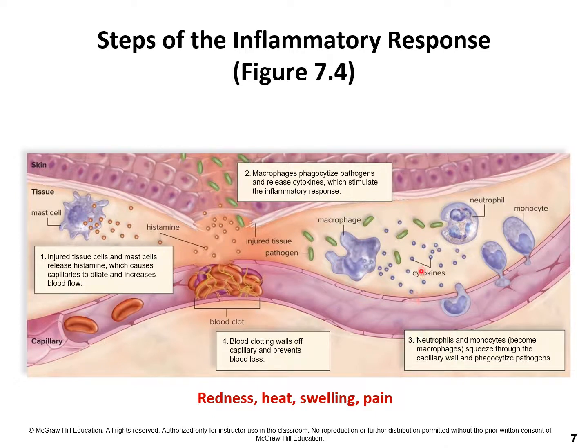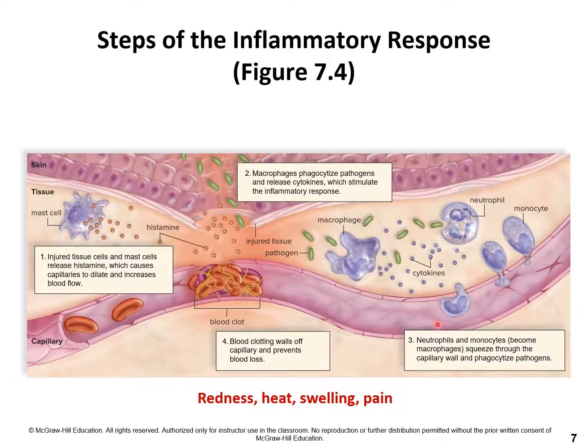And so you see these cytokines being released by these macrophages and neutrophils, and then what happens is they cause these other white cells that are in the blood vessels to leave the blood vessels and enter into the tissues so that they too can help with the fighting of the infection.